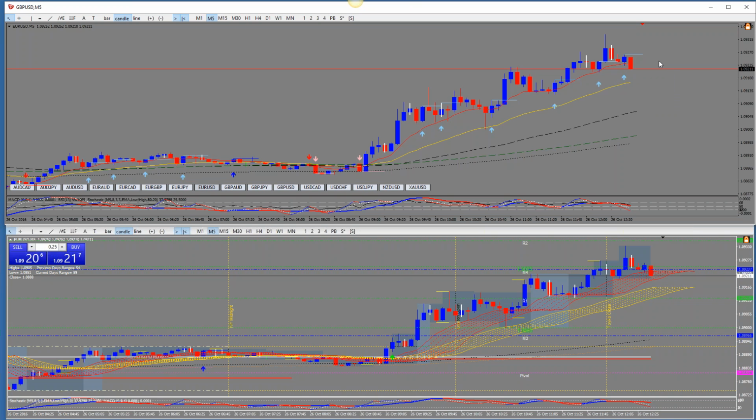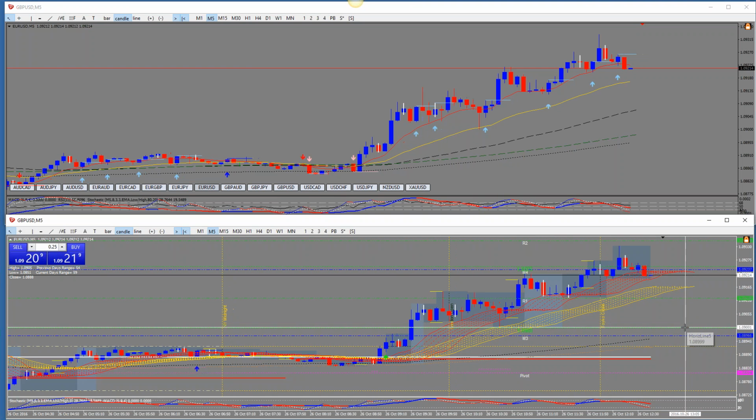It's been long since just before London Open. So I do expect a bit of a pullback, maybe back down to the big number, or even the daily open.